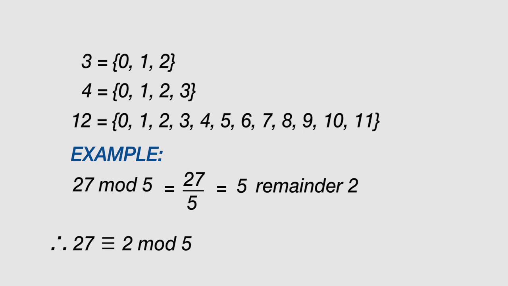Now, with the same idea, we want to try some questions. So let's simplify the following in the given modulo. Example A: 13 in mod 5. Like we said before, we will divide 13 by 5.